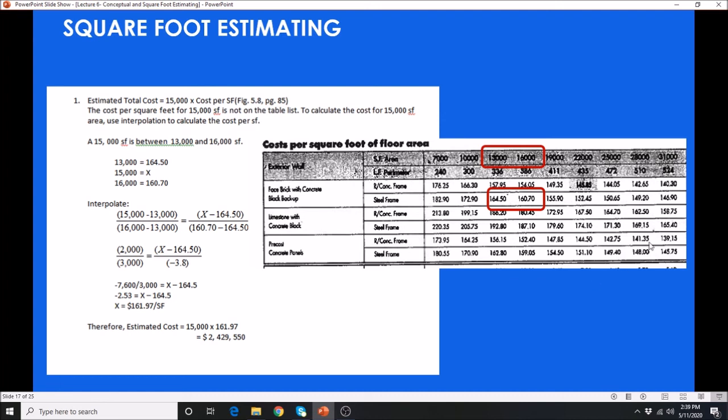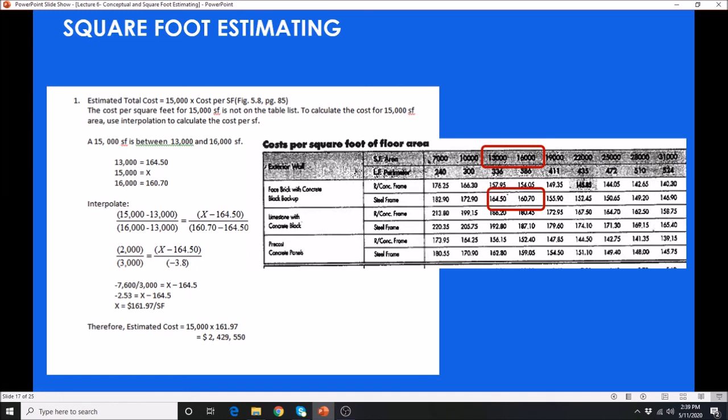However, in this table there is no direct cost for 15,000. On the table, we have only the range of 7,000, 10,000, 13,000, 16,000. We don't have 15,000 here. To determine the cost for 15,000 square feet, we are going to make use of ratio and proportion, or interpolation.